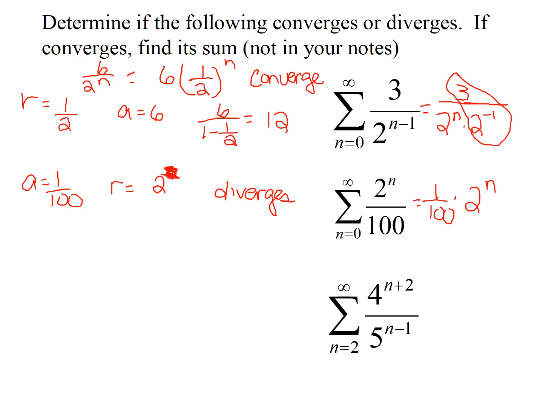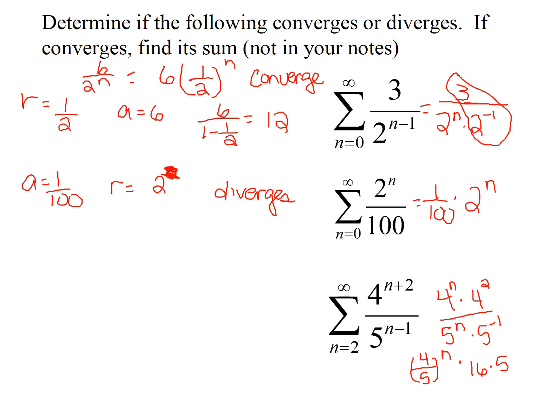Finally, looking at this problem, once again, we're going to have to do some algebra. We get 4 to the nth times 4 squared over 5 to the nth times 5 to the negative 1. Now, my value of r, I can rewrite this using algebra. I can write this as 4/5 to the nth power times 16 times 5, which is 80, right?